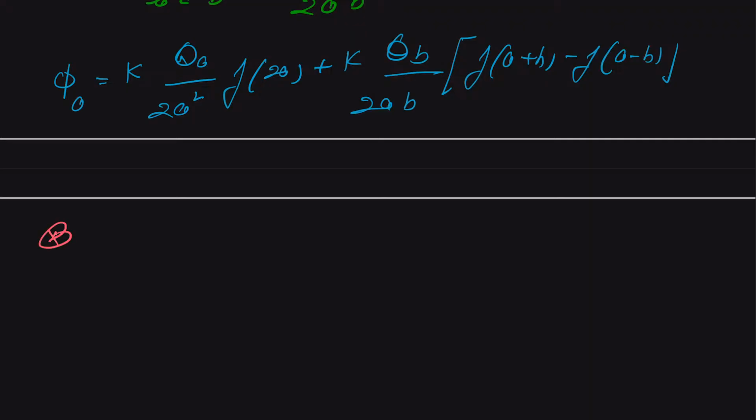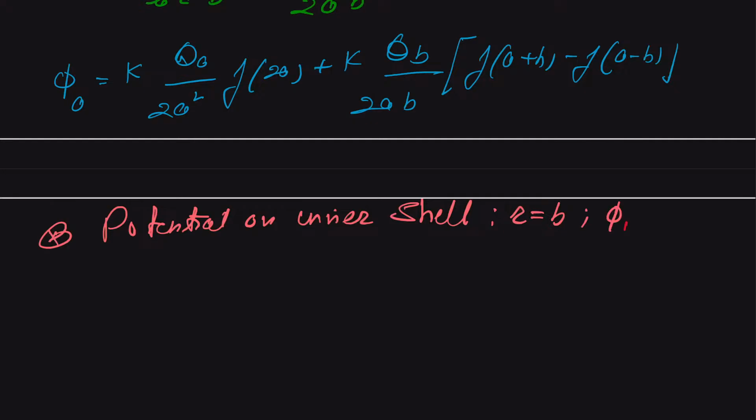So we can say potential on inner shell, that is our R is equal to B, which is our potential phi B. Okay, so please remember once again, this phi in this particular question is the representation of our potential.